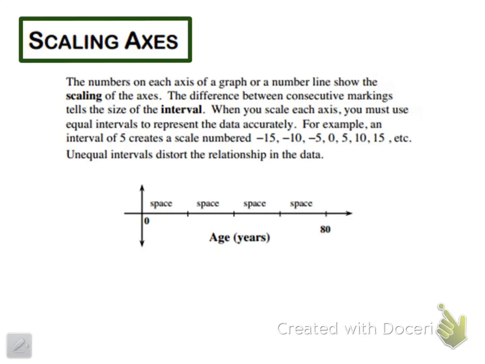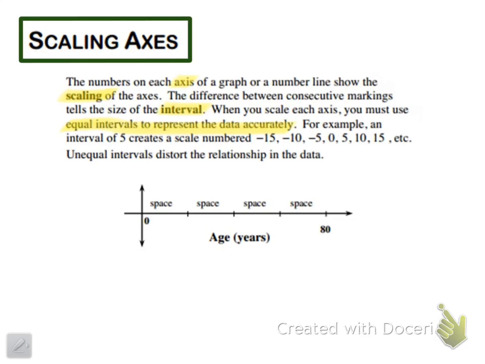I'm going to read you the paragraph, and as I read, I want you to underline important words as I underline important words. Okay, so the numbers on each axis of a graph or a number line show the scaling of an axis. The difference between consecutive markings tell the size of an interval. When you scale each axis, you must use equal intervals to represent the data accurately.